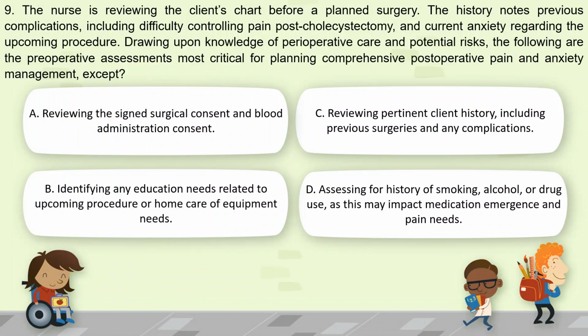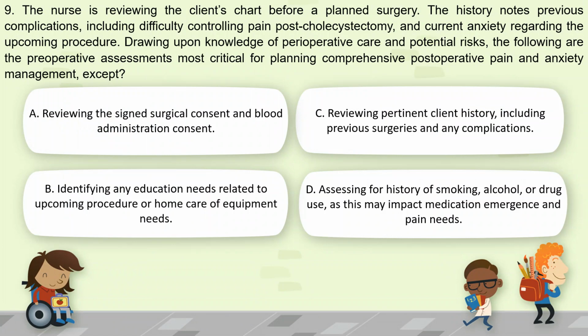Number nine, the nurse is reviewing the client's chart before a planned surgery. The history notes previous complications include difficulty controlling pain post-cholecystectomy, and current anxiety related to the upcoming procedure. Drawing upon knowledge of perioperative care and potential risks, the following are the preoperative assessments most critical for planning comprehensive post-operative pain and anxiety management, except A, reviewing the signed surgical consent and blood administration consent.